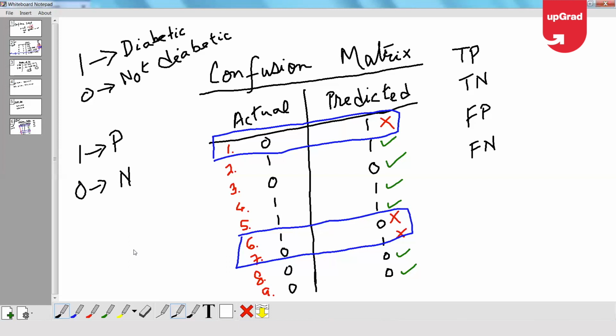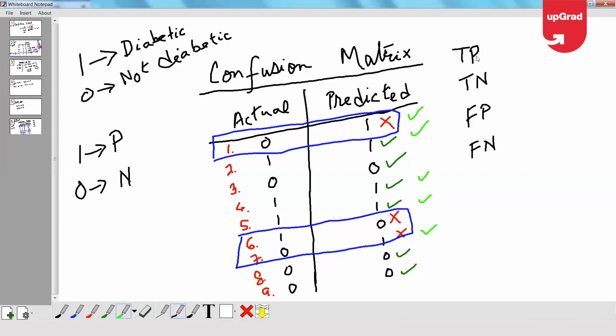True positive means, first of all, look out for the positive predictions we have made, where we have predicted ones: 1, 1, 1, 1, 1. These 5 scenarios we have predicted 1.